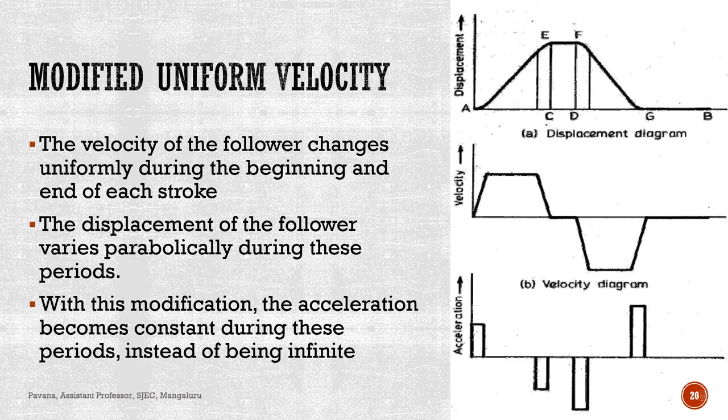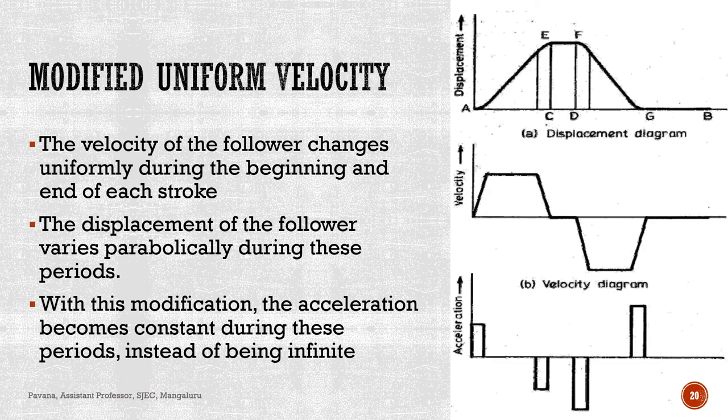Now, in order to prevent this, instead of going to infinity, the displacement diagram can be slightly modified. That means we can do a small modification. In this modified form, the velocity of the follower changes uniformly during the beginning and the end of each stroke. Accordingly, the displacement of the follower varies parabolically.